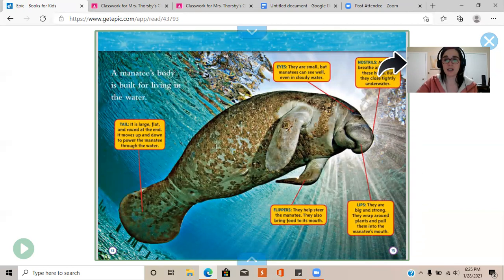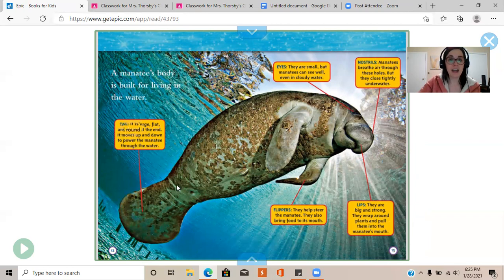What do you notice here from first and second grade? What is this called? This is called a diagram. Did you get it? A diagram is where we're labeling the parts of something. And in this case, we're labeling the parts of the manatee's body.